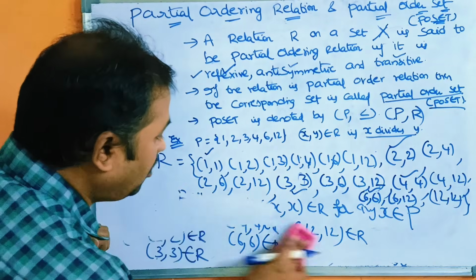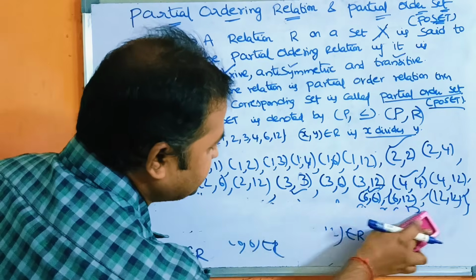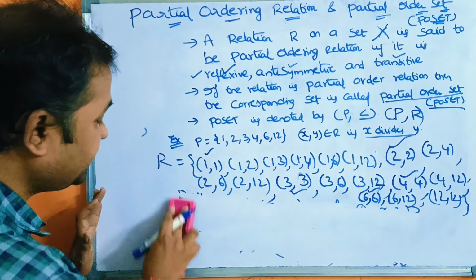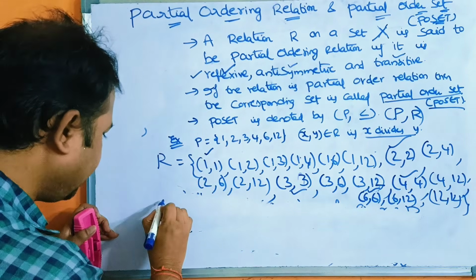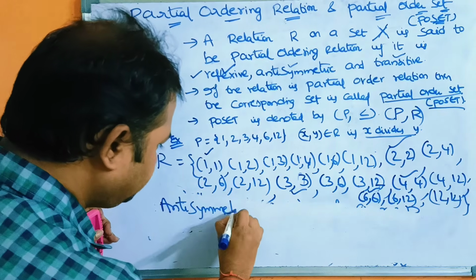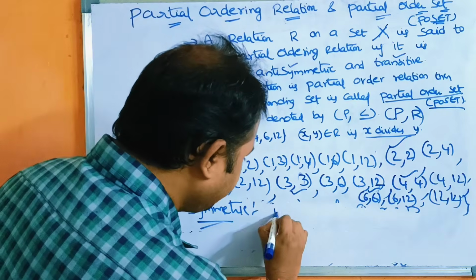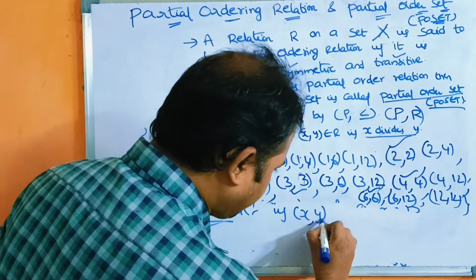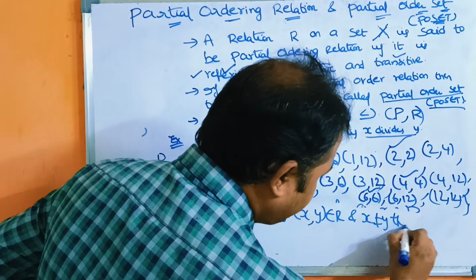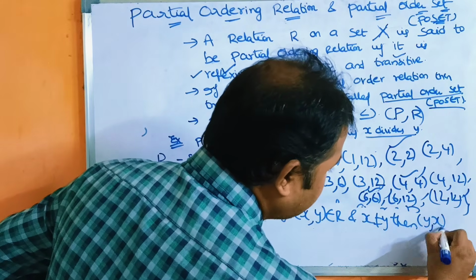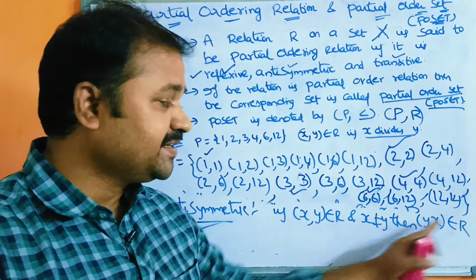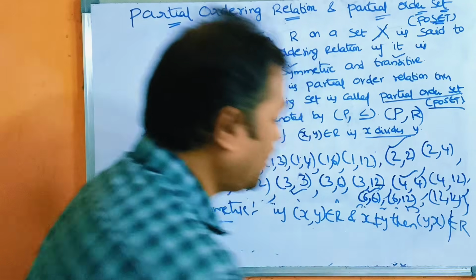Now let us focus on the next two properties, such as antisymmetric and transitive. So what is an antisymmetric relation? Let us write what antisymmetric is first. Antisymmetric means if x comma y belongs to R and x not equal to y, then y comma x doesn't belong to R. Okay.